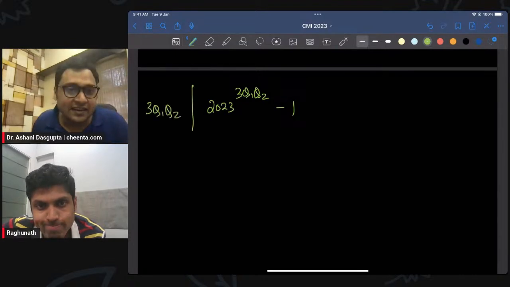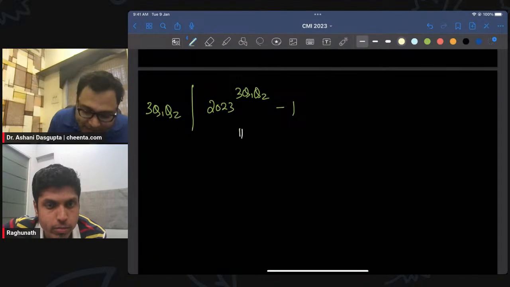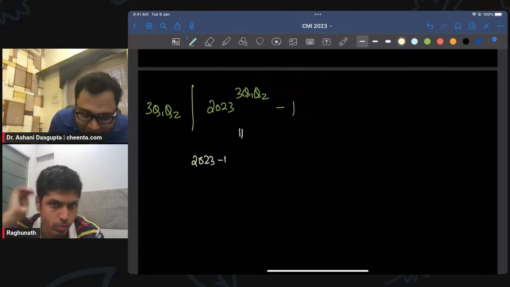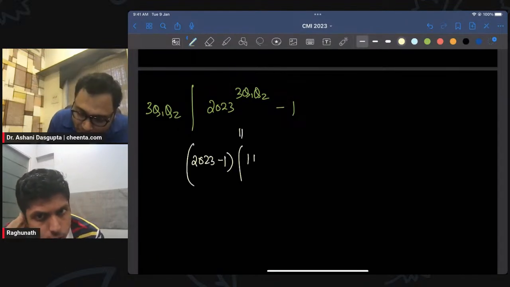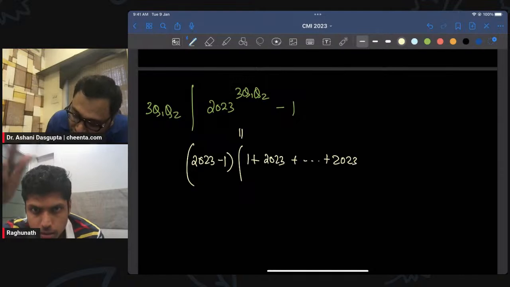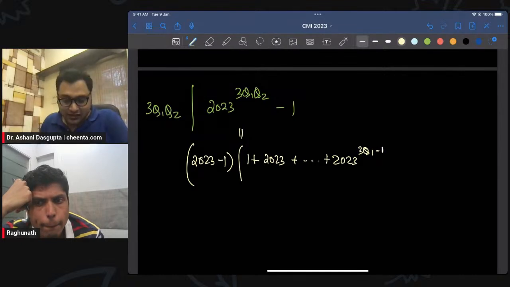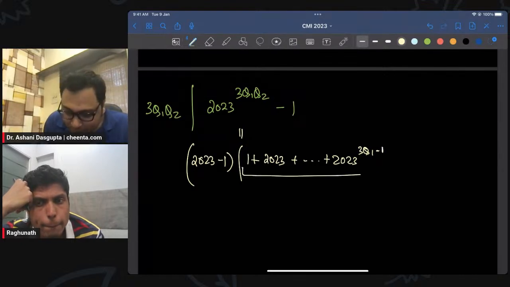So now it's basically an induction proof. I'll just do the first step of this. You just split this up into 2023 minus 1 times 1 plus 2023 up to 2023 raised to the power 3q1 minus 1. So that's the first group.